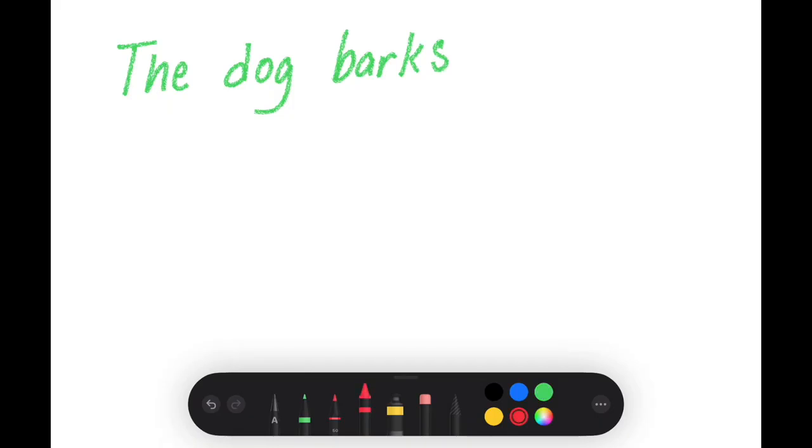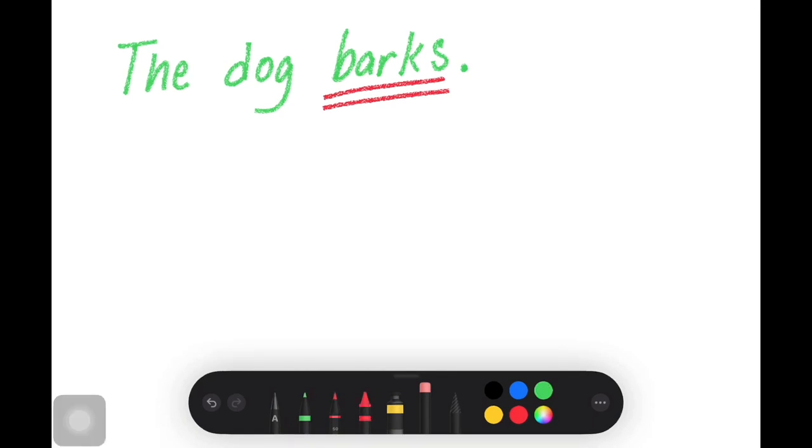What do you think is the action word there, the action verb? It's barks, right? In the sentence the dog barks, the verb there is barks. That's our action verb.